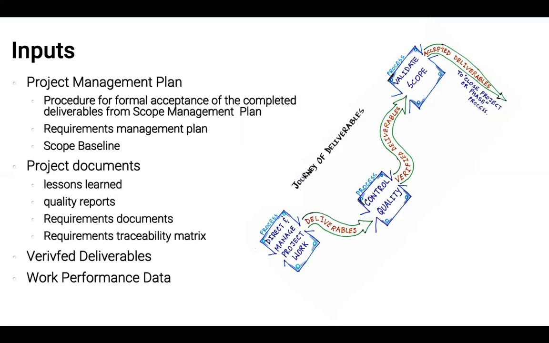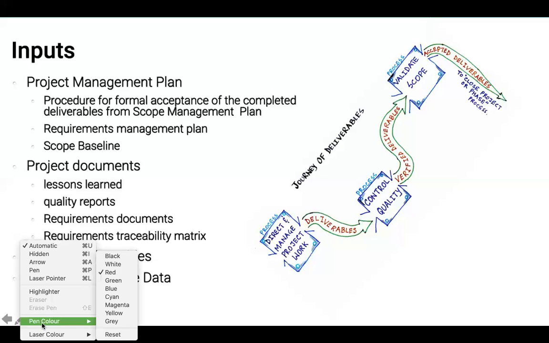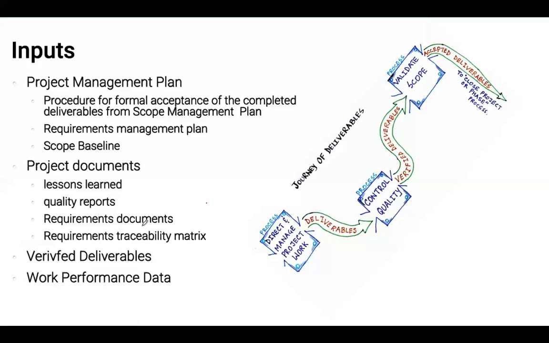Inputs also include lessons learned and quality reports. Quality reports will be integrated into our validation process, and then the requirements traceability matrix, so that we know which requirements, which technical specifications each deliverable is satisfying, and then work performance data, obviously.